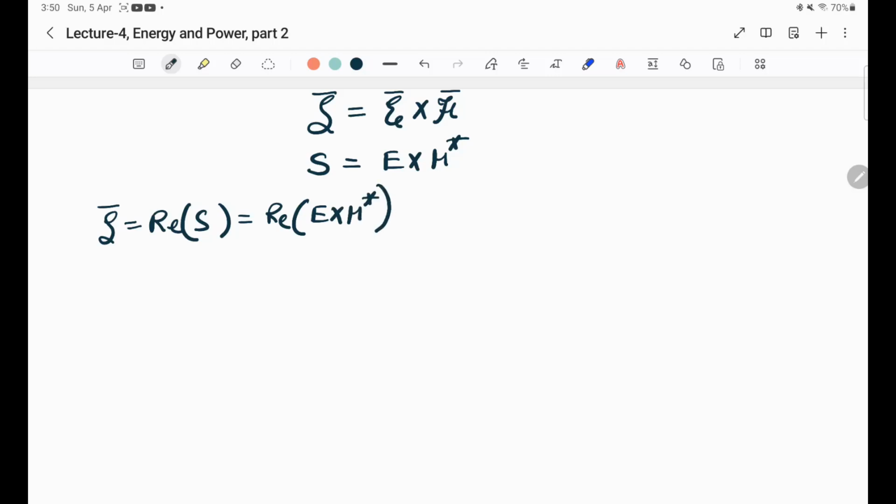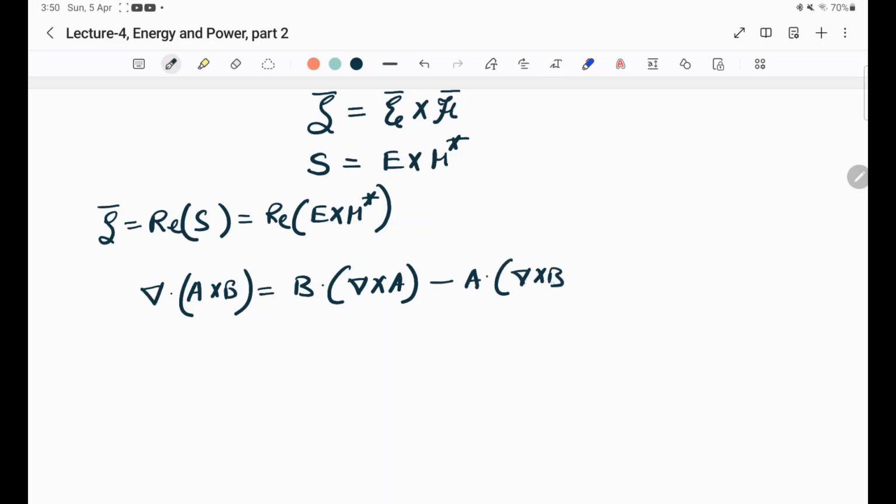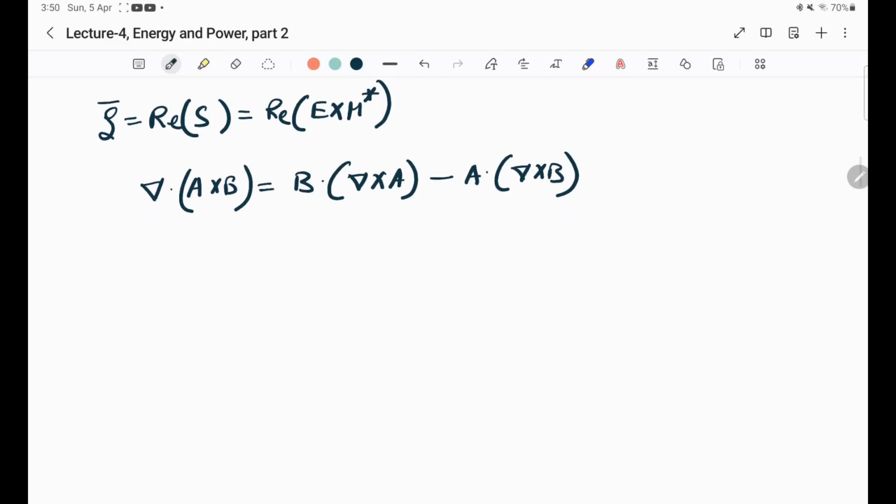Okay, now using the vector identity which we already know, del dot A cross B is equal to B dot del cross A minus A dot del cross B. This is the vector identity which we already know from lecture number 4 part 1. So here what we are going to do, all these are vector quantities, we will replace vector A with E and we will replace vector B with H conjugate.